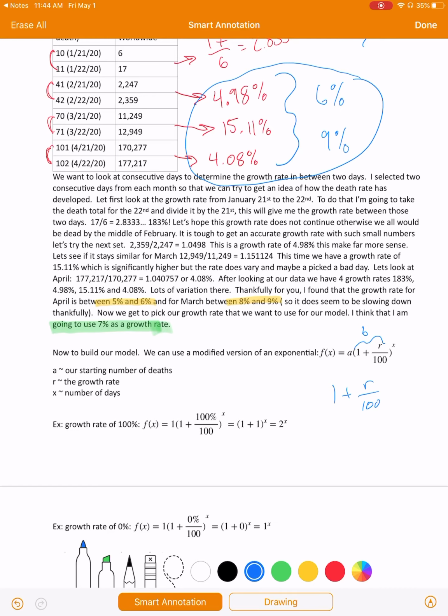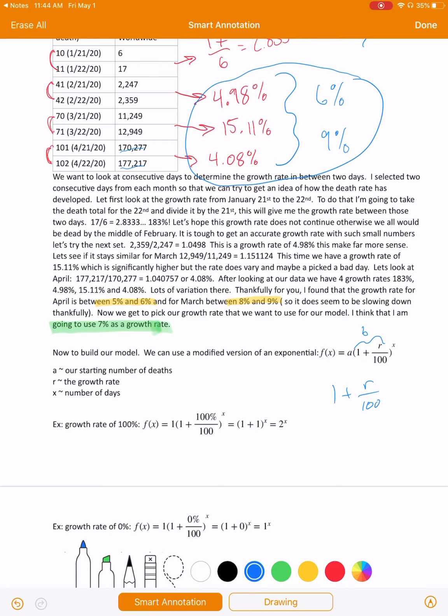And so what the 1 is, is just what we had from the previous day carrying that number over, right? So if I said the total deaths on April 21st is 170,000, and then on the 22nd it's 177,000, then that 1 that I'm adding up front accounts for those 170,000 deaths, and then my 7% growth rate will account for the 7,000 deaths that occurred between April 21st and April 22nd, right?